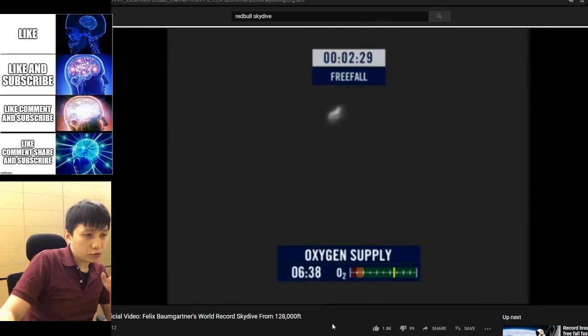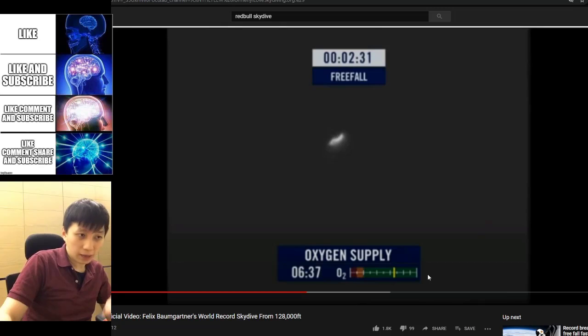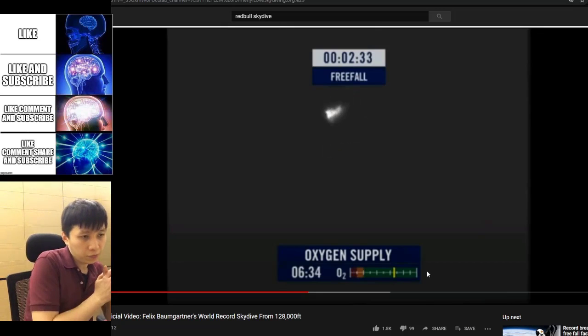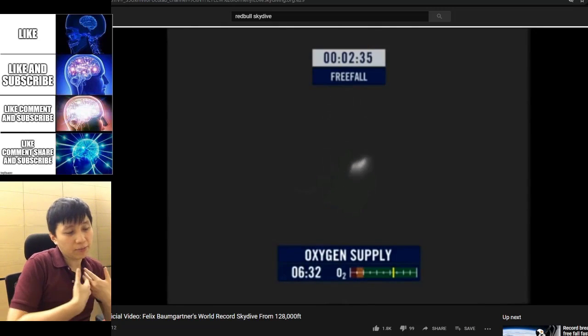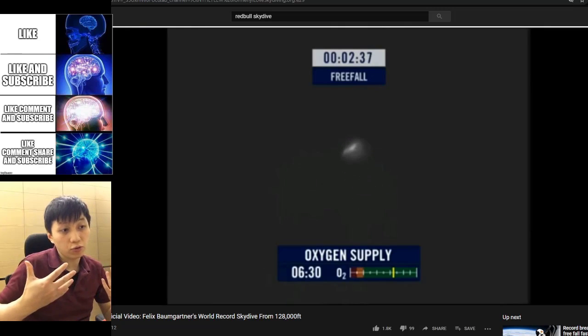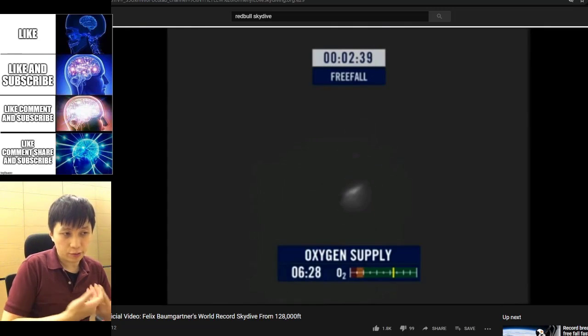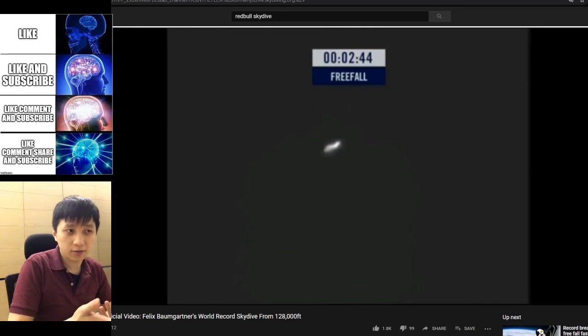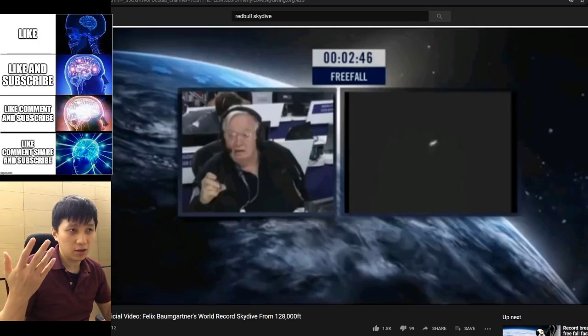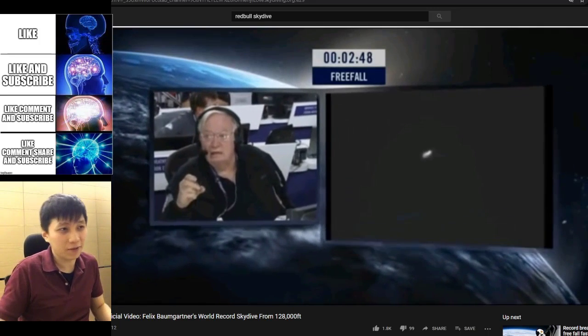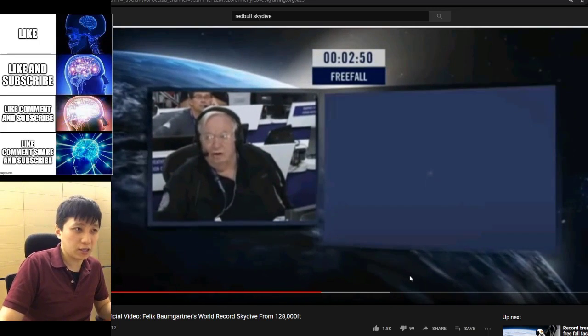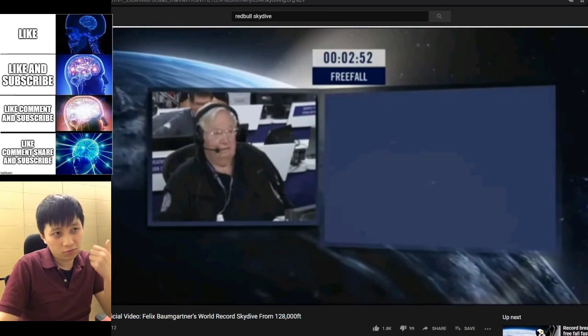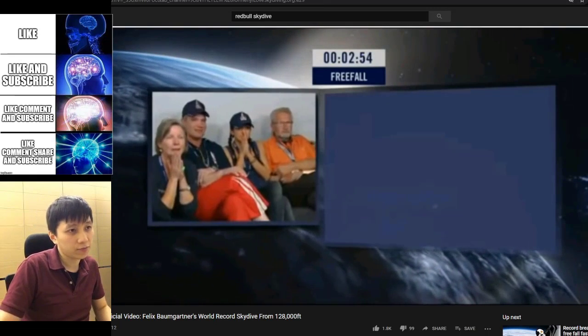Oh, by the way, you can also see here, this is the oxygen supply that is remaining. So it's very interesting. That means he cannot go too slowly, because he will run out of oxygen. But he also cannot go too fast, because that's not going to be good for landing, obviously. So it's going to be very tricky. He got to know when to launch the parachute.